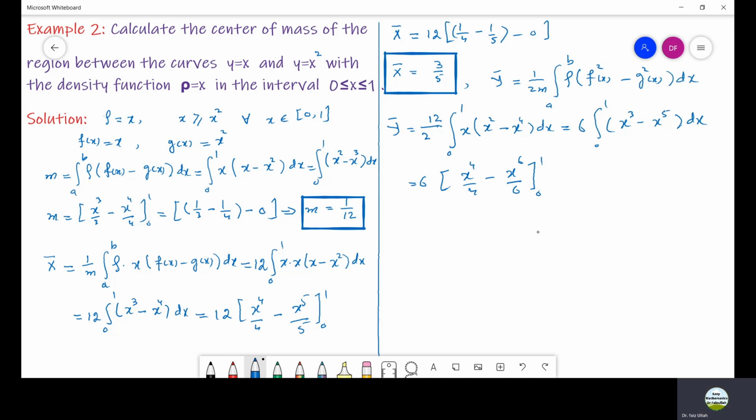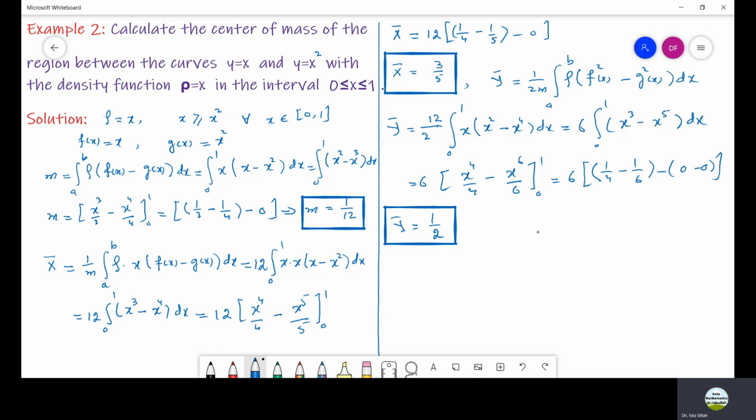Limits are from 0 to 1. Now let us put the limits. So we have 1 over 4 minus 1 over 6, and if we put the lower limit, we get 0. So from this we can get that y bar is equal to 1 over 2.